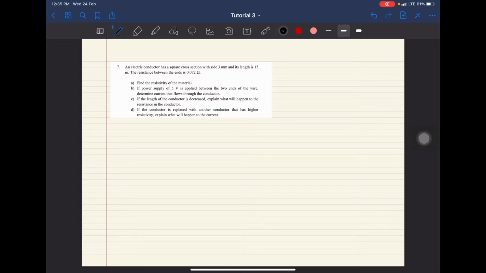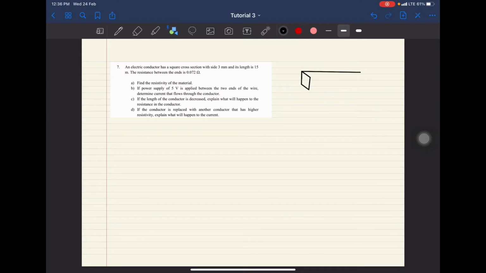Okay, for question number 7, an electric conductor has a square cross-section with side 3 mm and its length is 15 meter. So you can imagine the conductor looks something like this. It's a square cross-section, so it's a weird looking conductor.